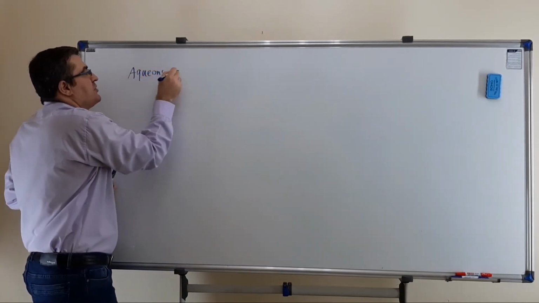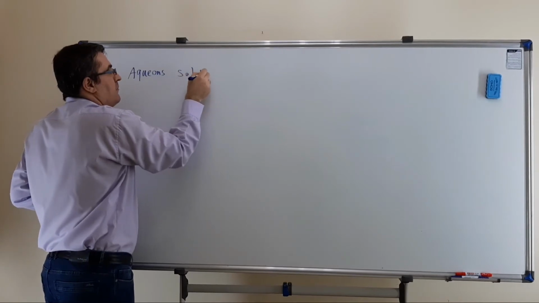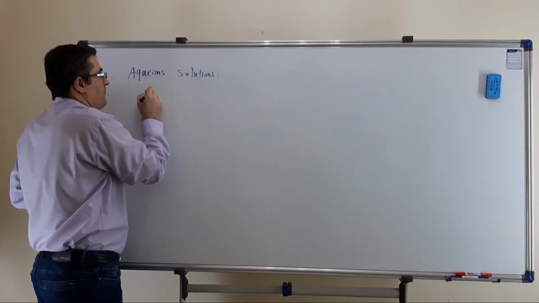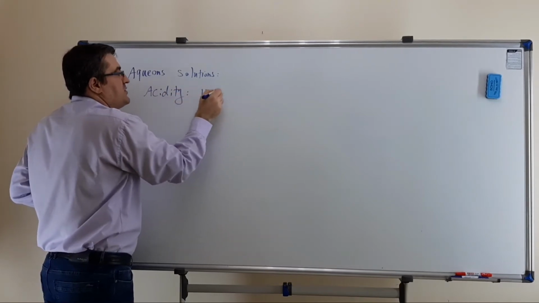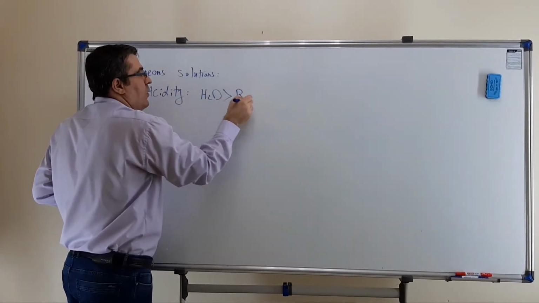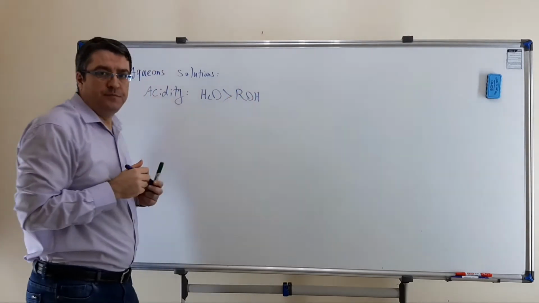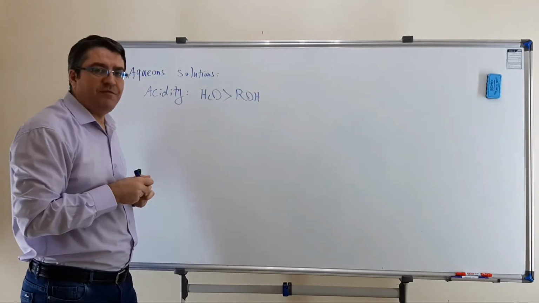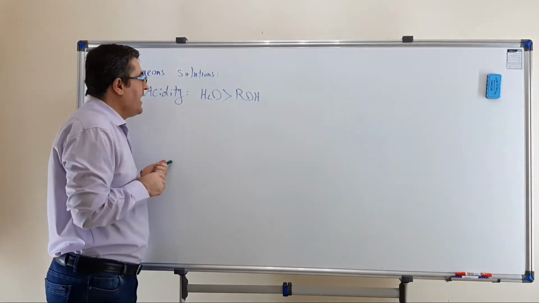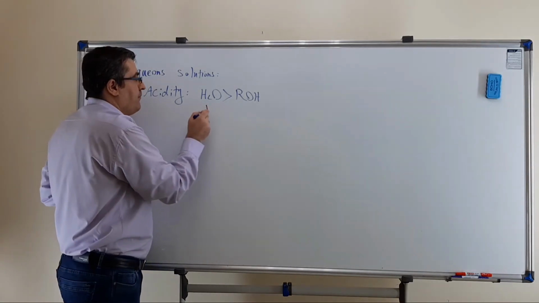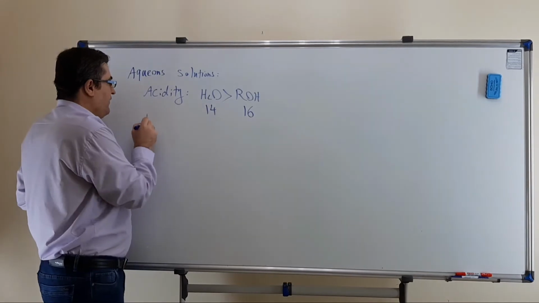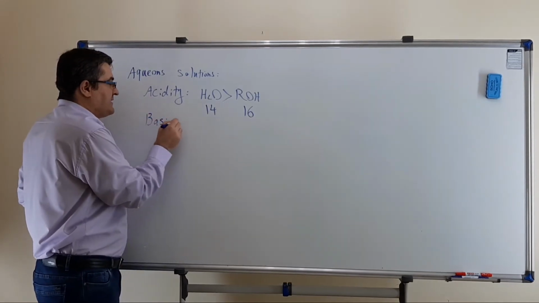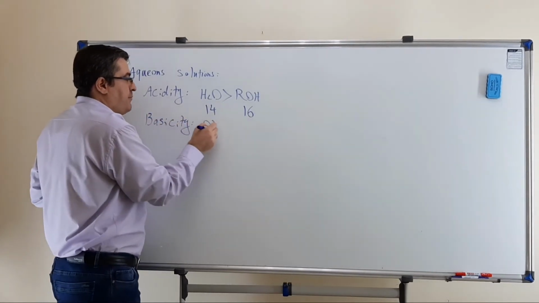In aqueous solutions, water is more acidic than alcohols, as values of their pKa's can show this. Therefore, we have this order of basicity for their conjugate bases.